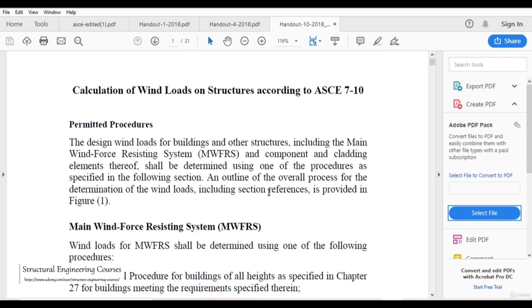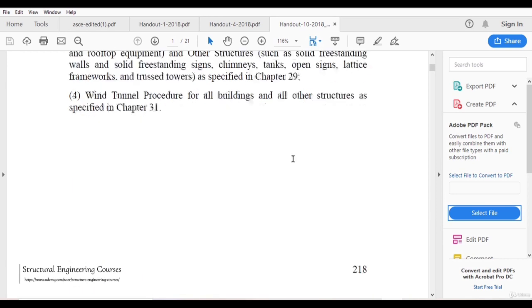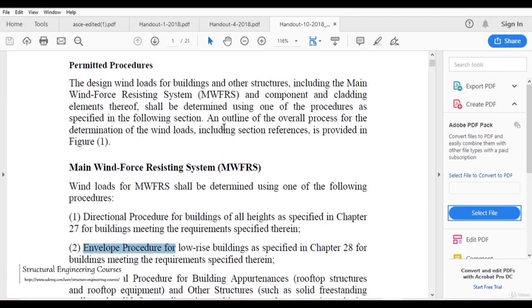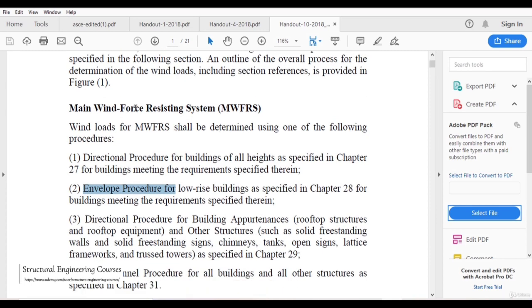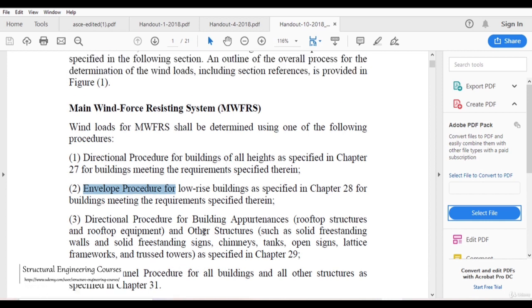So understand this page like this. First of all, there is this one table on how to calculate wind load. Under the wind load there are two different types. One is the MWFRS, second is the wind tunnel procedure. Under the MWFRS there are again two types.